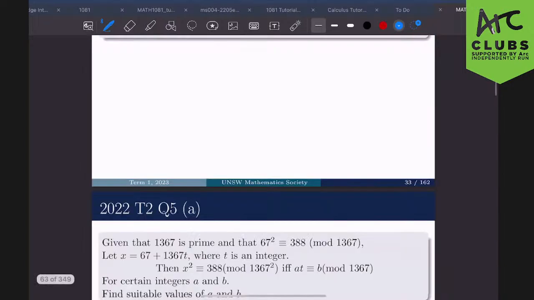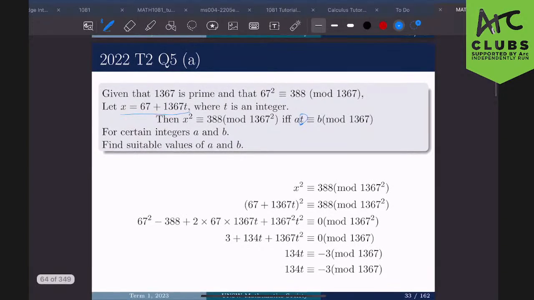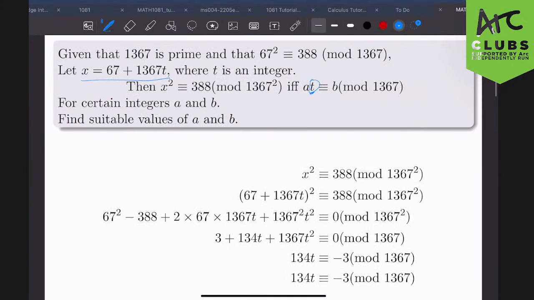So what we can do is use a substitution here, because we've got a t here, and we've got two equations. We've got x and t, so it's pretty much the only step forward to do this substitution and see what happens. So we can sub in and expand the bracket, and then we can divide everything by 1367.